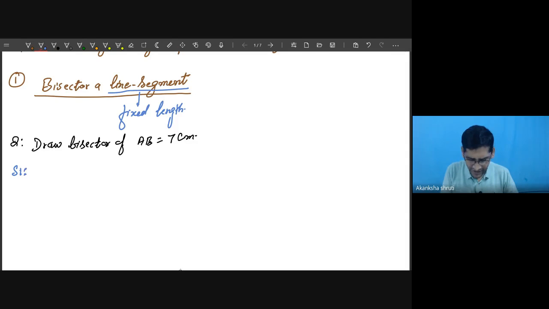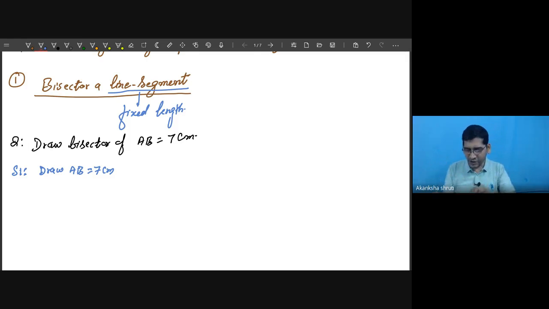Step number 1 is you have to draw a line segment of 7 centimeter. Means draw AB equals 7 centimeter. How to draw, students? Take this ruler in your hand. From one end it is marked with 0 and it increases up to 15, or on the bigger scale it may be up to 30.